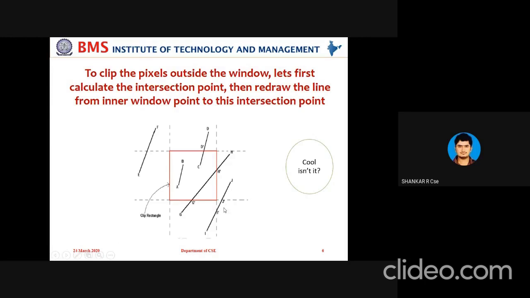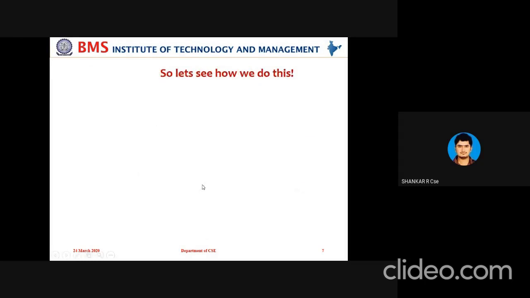So first you need to calculate the intersection point, and then you should make the machine understand where exactly these points lie. We'll do that in a while. The main challenge is to calculate these points. So first, we take a clipping rectangle as usual and mark the boundaries.